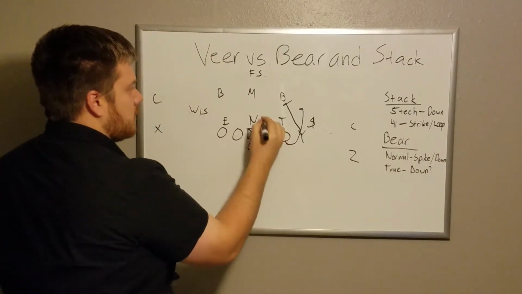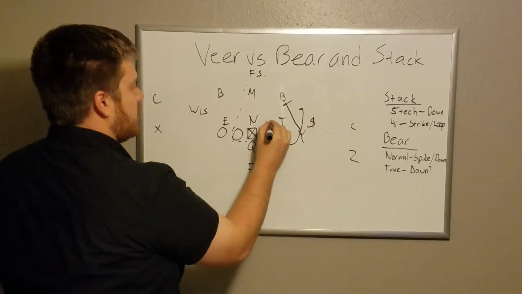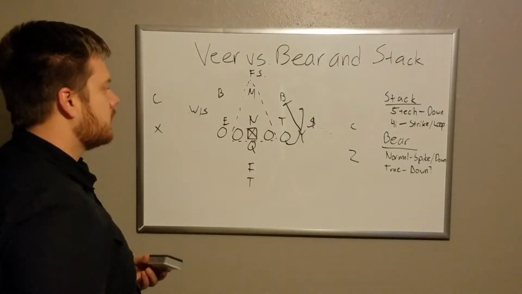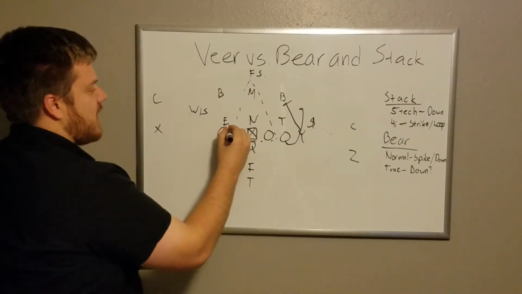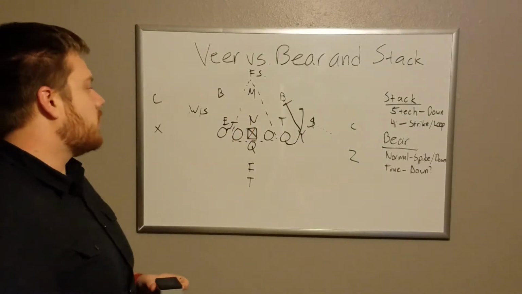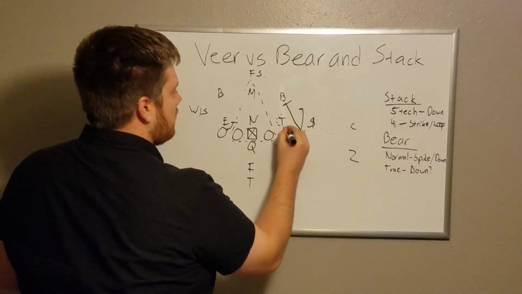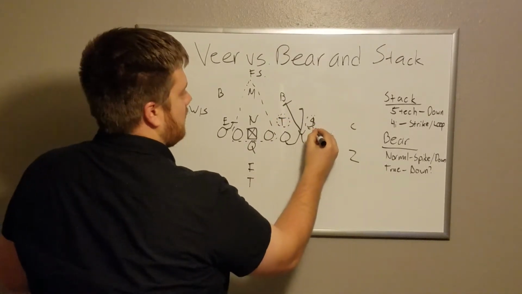Same rules here. These 3 have these 2. I'll just make it a little triangle right here. These 3 have these 2. Tail protection from our tackle. Got to step inside that end and get there. We'll sometimes have him cut. So we are reading this tackle. We're reading the stud.